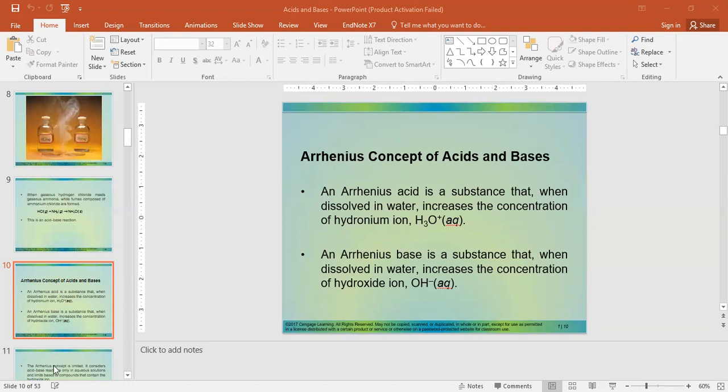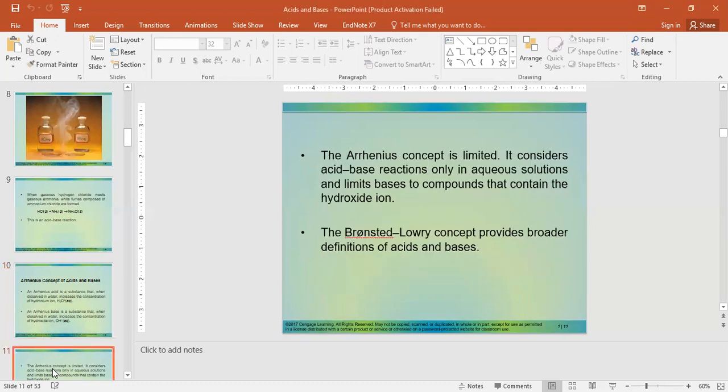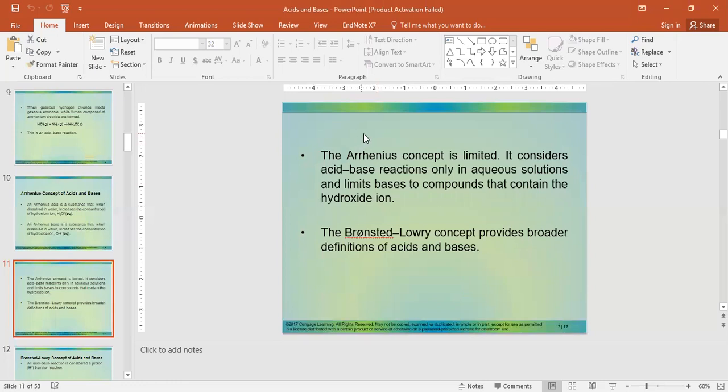Now we go on. This definition is limited, because when we talk about producing hydronium ion and hydroxide ion, it means that the substances taking part in the reaction must be aqueous.